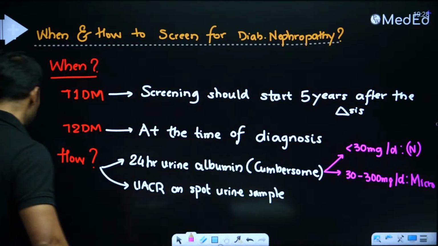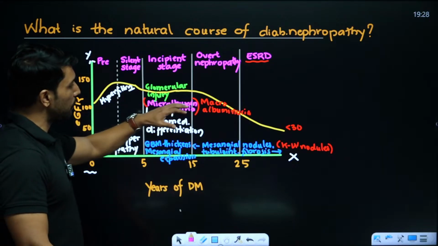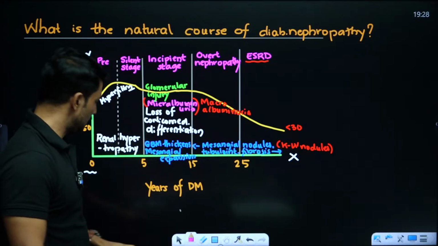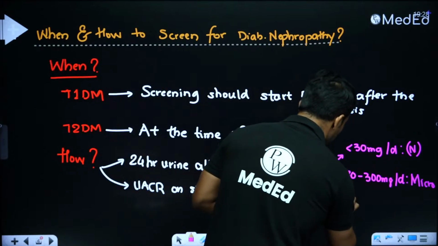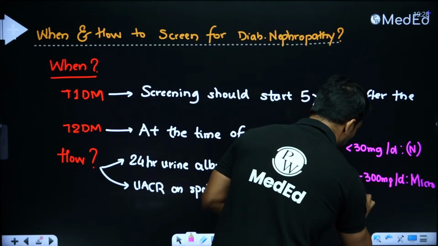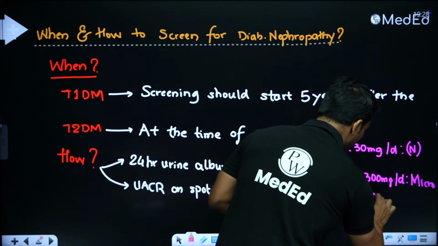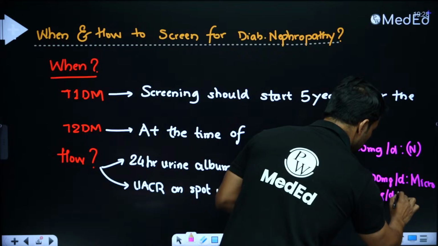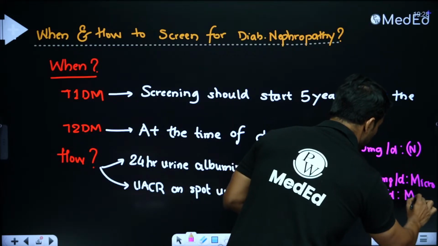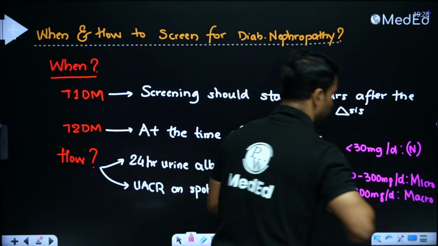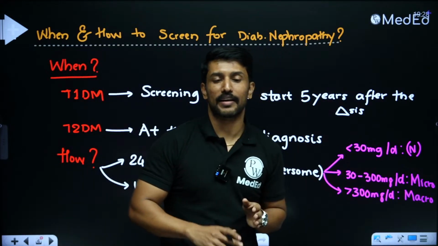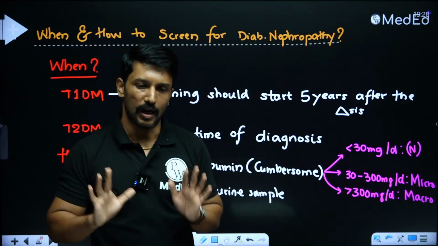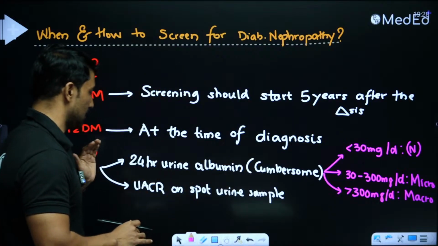So in the previous slide, when I said microalbuminuria, we are referring to 30 to 300 milligrams of albumin lost in urine per day. And when it is more than 300 milligrams per day or per 24 hours, we will call it macroalbuminuria. As I've already told you, once there is macroalbuminuria, diabetic nephropathy is not reversible. You can slow the progression, you cannot reverse it.